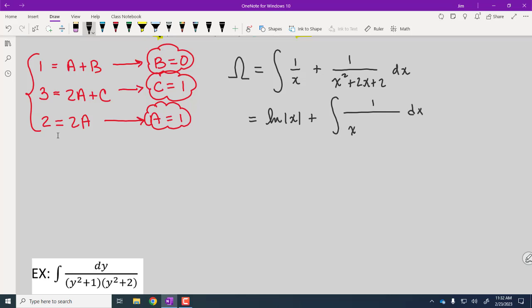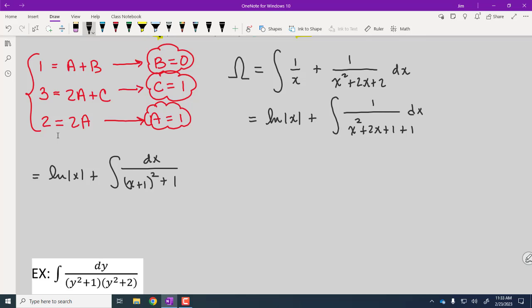I appreciate that. So this is going to be x squared plus 2x plus 1 plus 1. So the coefficient of x is 2. Divide by 2 and square, we get a 1. So we need to take a 1 away from that constant on the tail there. So we're going to rewrite this as natural log absolute x plus integral of dx over x plus 1 squared plus 1.